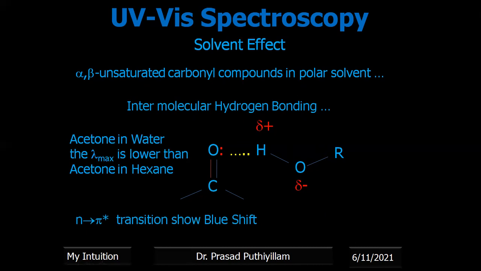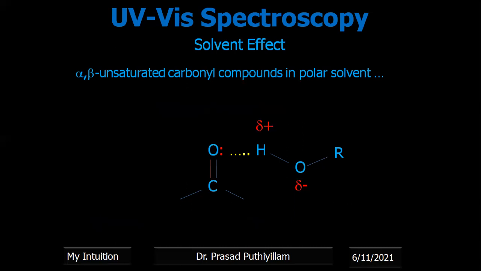As an example, acetone in water has a lower lambda maximum than acetone in hexane. Hexane is a non-polar solvent, and water is a polar solvent. Therefore, if acetone is taken in water, the lambda max is lower than if it is taken in hexane.